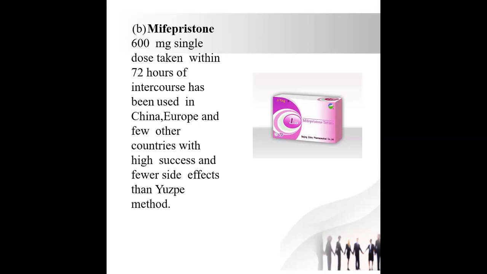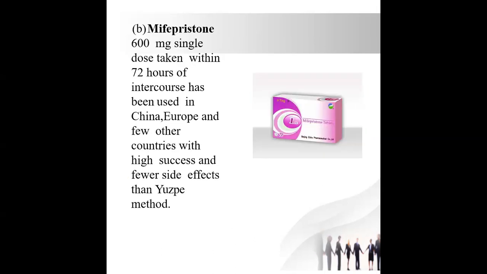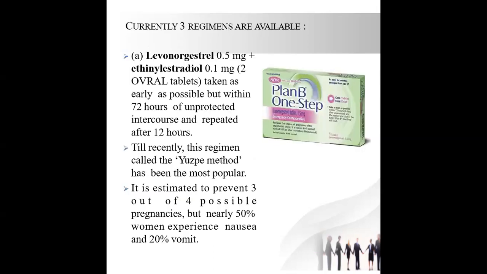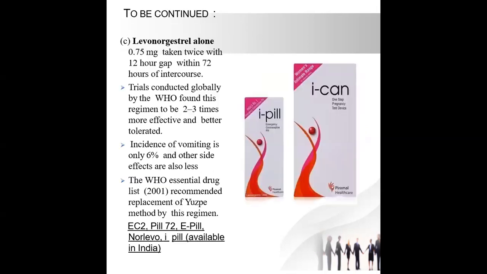So mifepristone is better when compared to Ovral tablets, which have to be taken as 2 tablets immediately within 72 hours, followed by another 2 tablets after 12 hours. Mifepristone has to be taken in a single dose within 72 hours of unprotected intercourse.